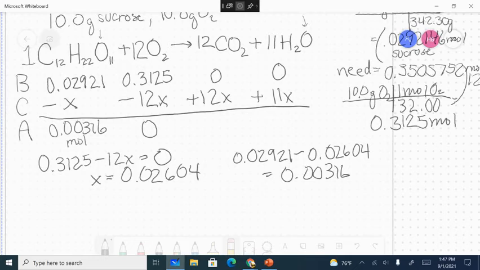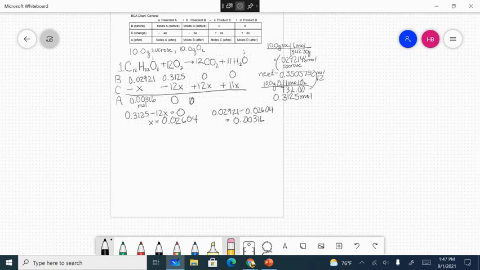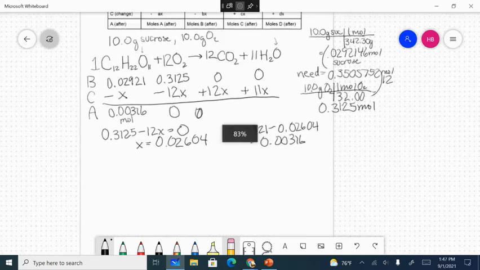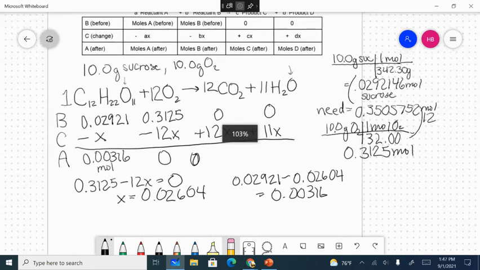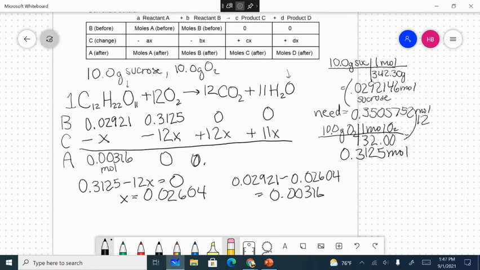So I'm just going to type in 12 times 0.02604 in my calculator, and I get 0.31248. This times 11, so 0.02604 times 11 is 0.28644.